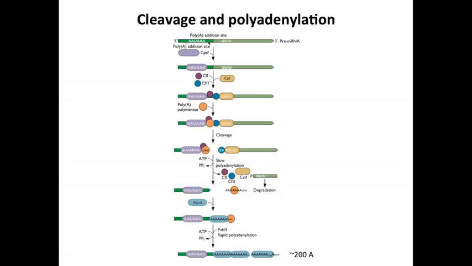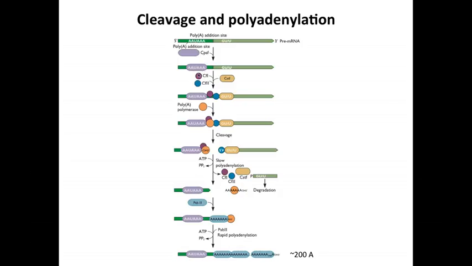There is what's called a poly-A addition site, with the sequence AAUAAA. This is recognized by a protein called CPSF, cleavage and polyadenylation specificity factor, which binds the poly-A addition site.